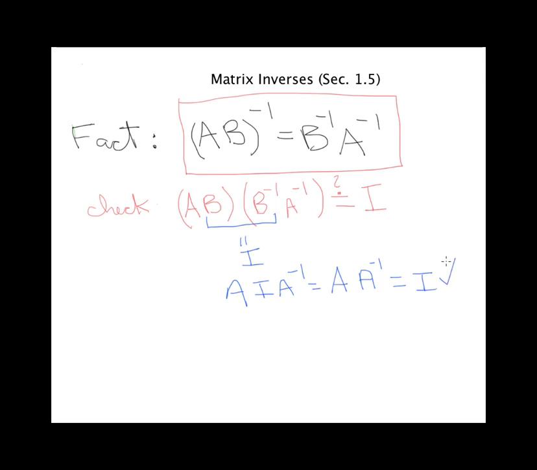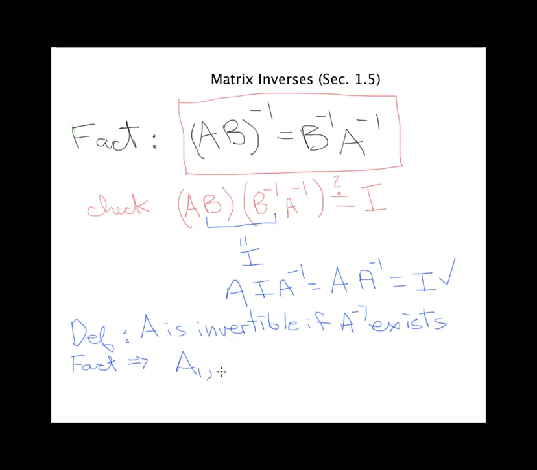So, by definition, we say A is invertible if it has an inverse. And the fact above implies that if you have a bunch of matrices A1 up to AN, which are invertible, so is the product.